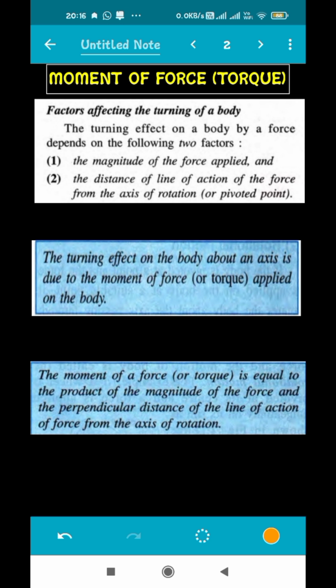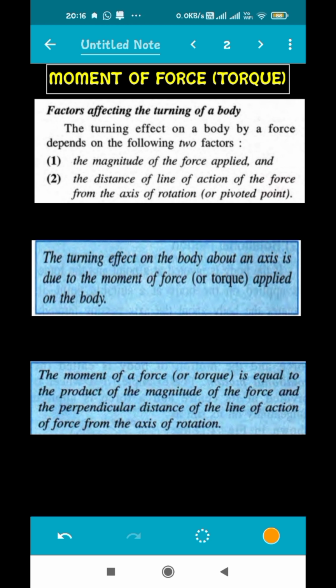Alright, so this turning effect is due to the quantity known as the moment of force or torque, and whenever a turning effect occurs, we can always say that torque is present. So what is the definition of moment of force? The moment of force or torque is equal to the product of the magnitude of the force which we are applying and the perpendicular distance.